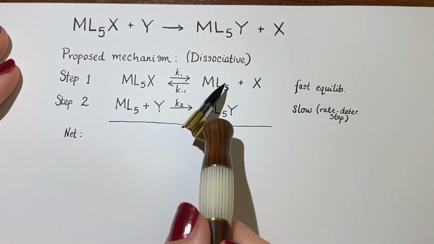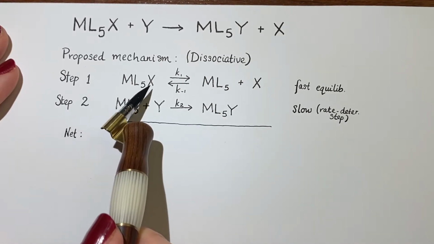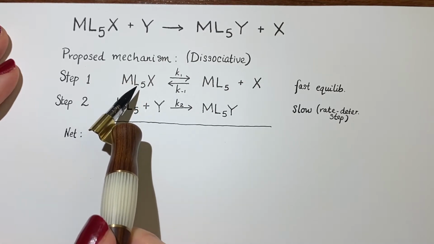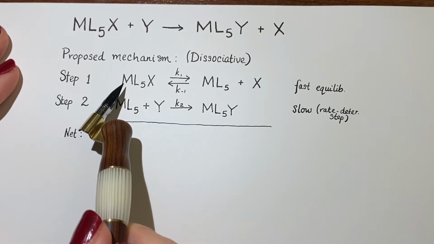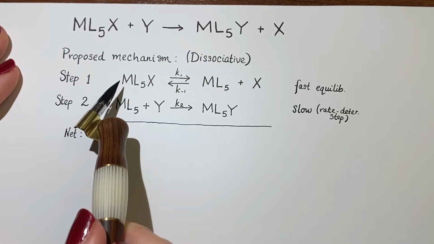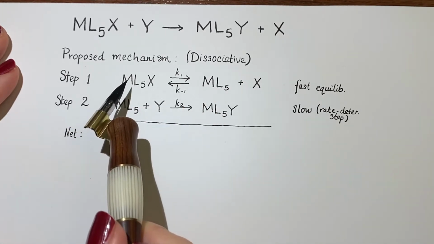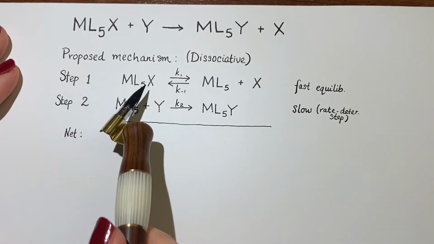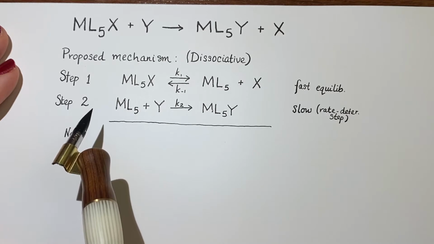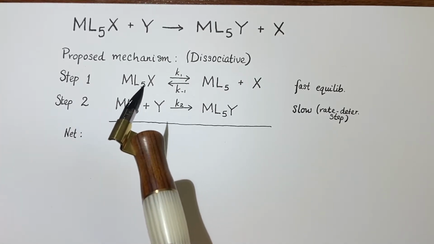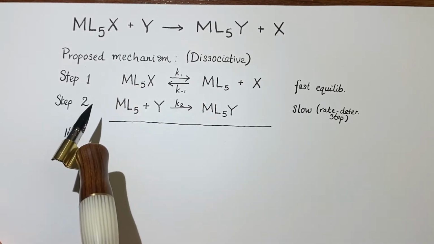Are they breaking apart, like we see here? This step we call unimolecular because there's just one molecule that is reacting. This could be due to thermal effects, so it could be heat that's causing it to break apart. It could be a photon coming in, providing energy to make it over the activation energy for that step. But in any case, this is unimolecular, one molecule undergoing a change.